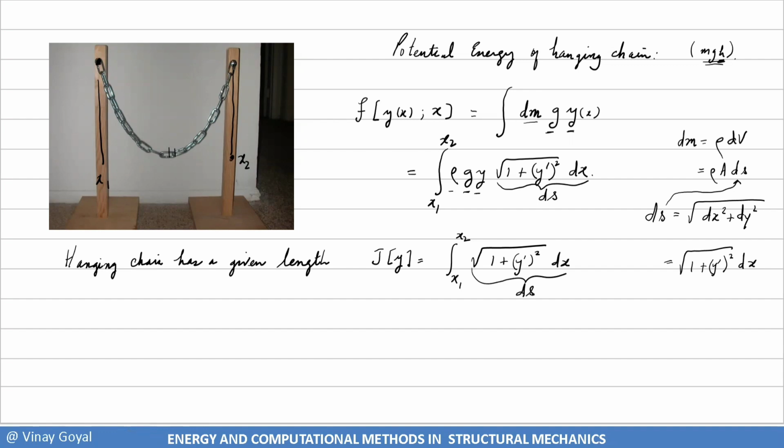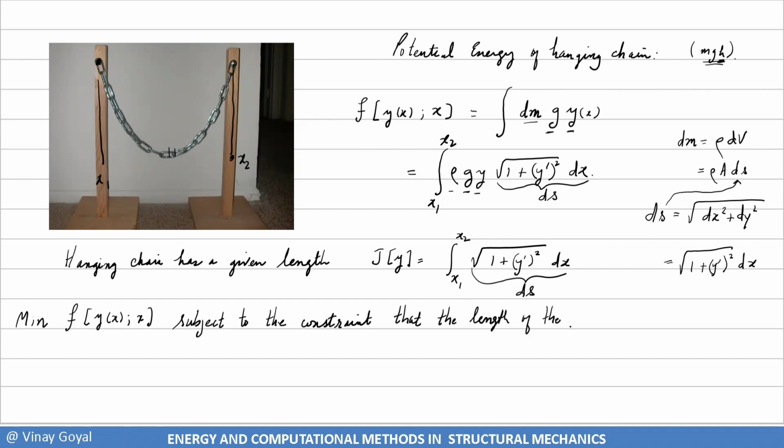And then what I really have is that we want to minimize the potential energy subject to the constraint that the length of the curve is known and given.